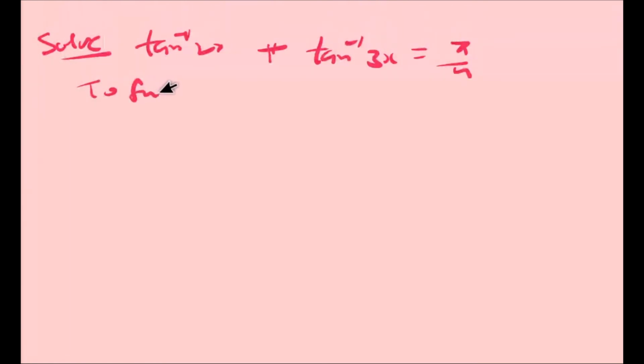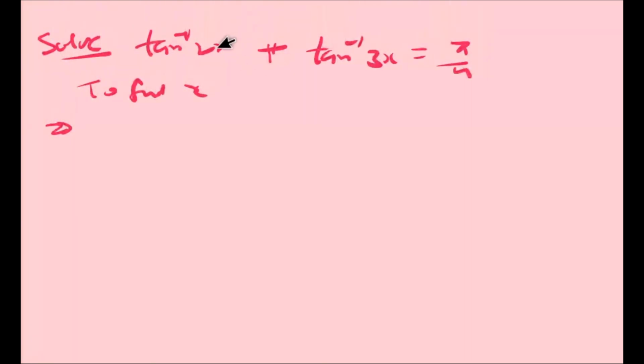Solve tan inverse 2x plus tan inverse 3x equal to pi by 4. Solve means you have to find out the value of x. Okay, so what formula will we use here?